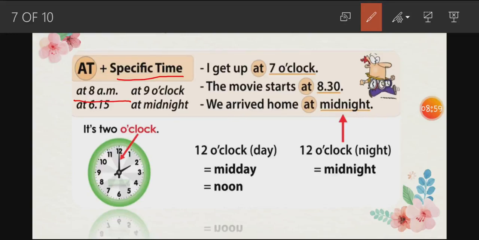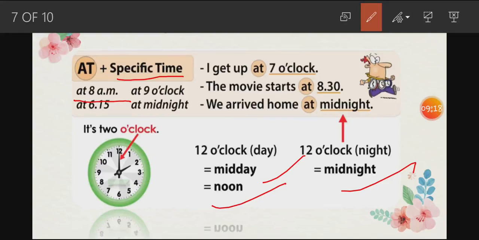You may ask, why in the case of noon, midday, midnight, do we use at? Because midday or midnight always refers to 12, at night or in the daytime.